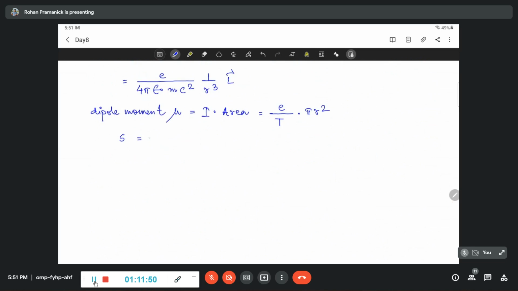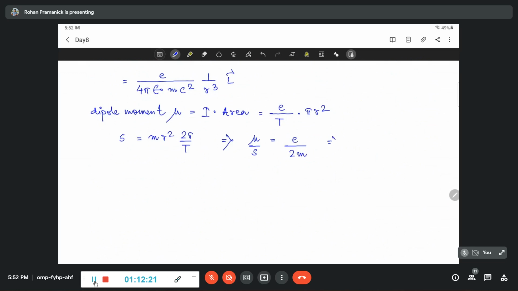So this also becomes m r squared omega, where omega becomes 2 pi over T. And if you take the ratio, mu by S, pi cancels 2, there is an m, there is 2m, r squared cancels, and there is an e.